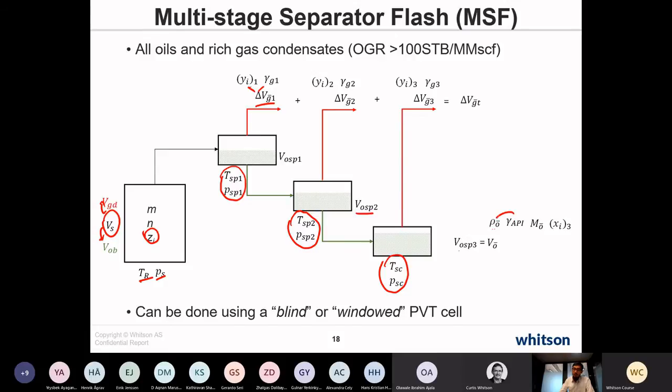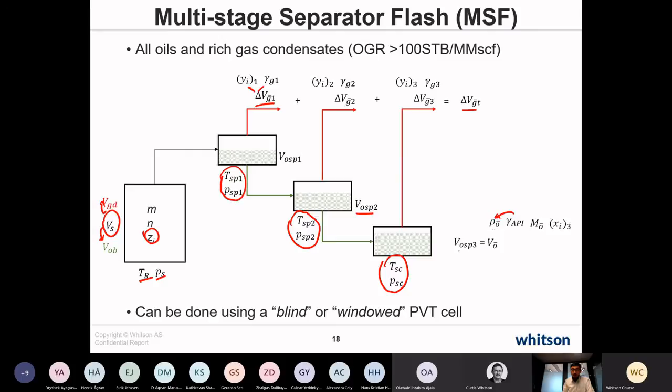The API is a function of the density, the molecular weight of the flashed oil, the stock tank oil, and the composition of the stock tank oil. The total gas that has been removed at the surface is simply the sum of all these three gas volumes that are removed.